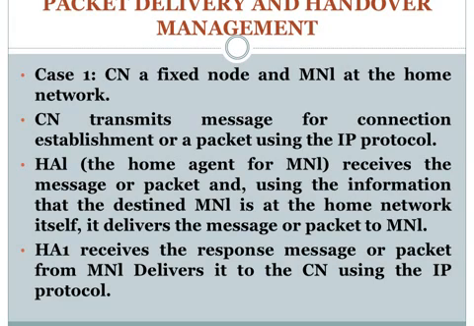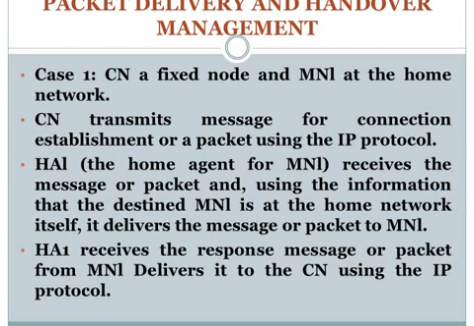So there are different scenarios where the corresponding node can be a fixed node in the home network and the destination is a mobile node. Again, in other scenarios the corresponding node is a mobile node in the home network, and the destination node is mobile, and it might again be present in the home network or in a foreign network.